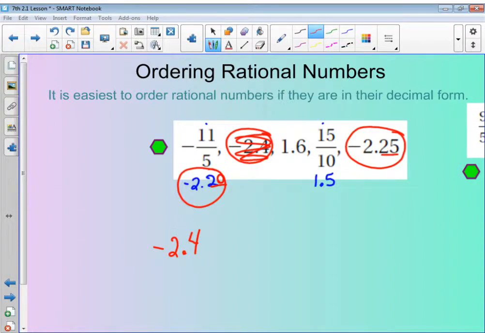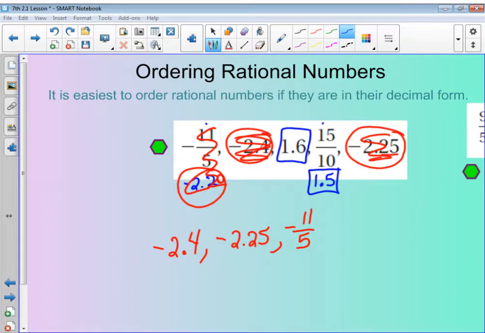Since we're working with opposites, what would be the bigger of those two? Well, 2.25. So really that's the smaller one because it's negative 2.25. So I'm done with that one. Now I have my only other negative left, which was negative 2.2, which was originally negative 11/5. Okay, done. All right, so what I have left are my two blue ones here.